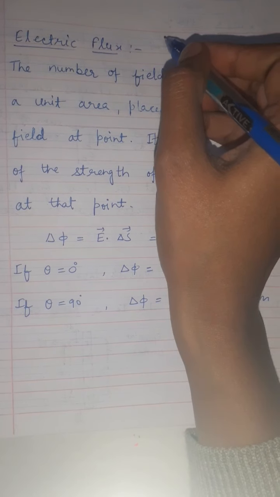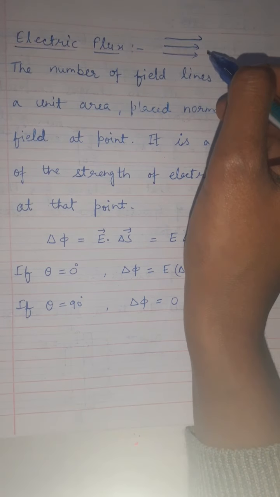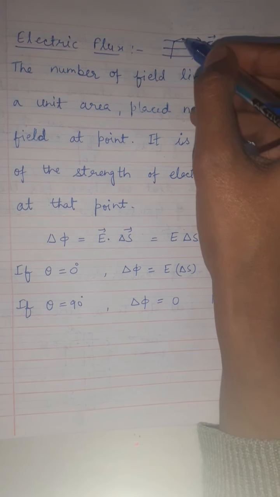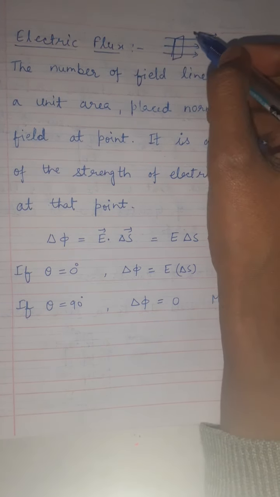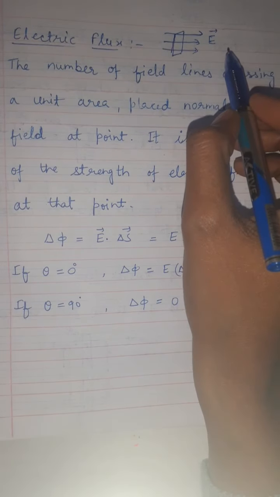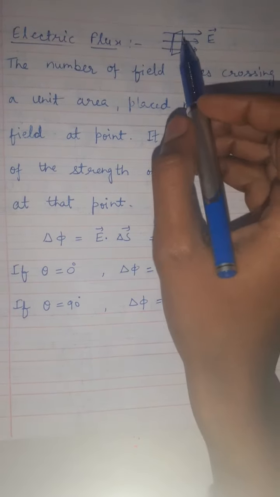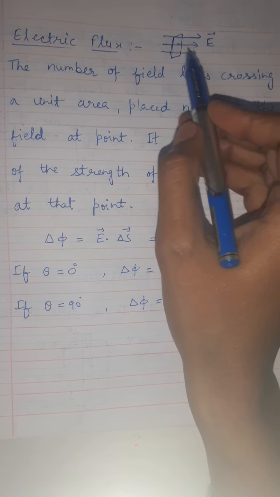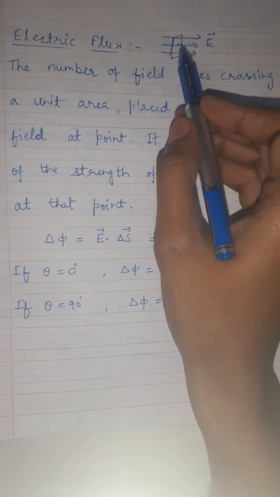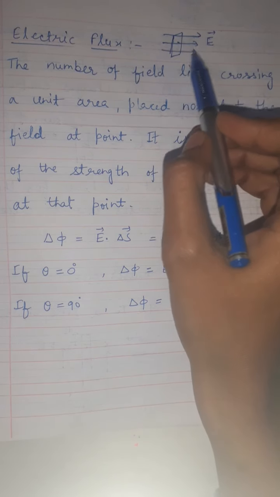So if there is an electric field and these are the electric lines of forces representing this field, and if we could place a surface area which is normal to the electric field lines, and if we can count the number of lines which are passing through this unit area normally, then these number of lines will represent the electric flux at this point.